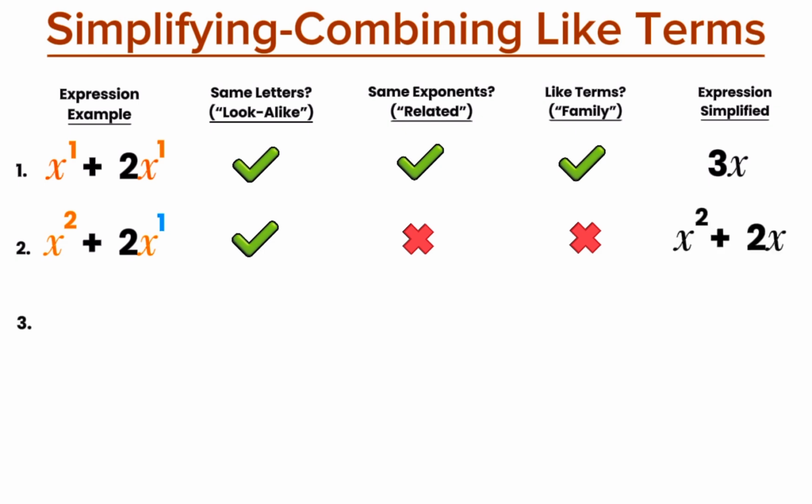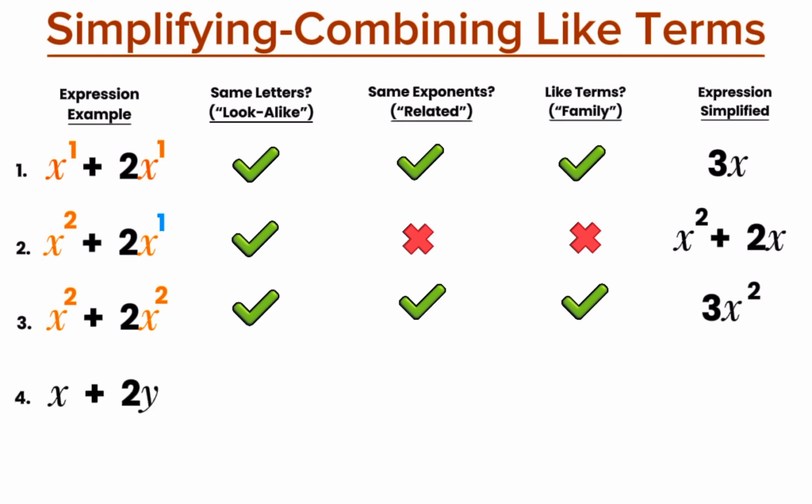Alright, now we're looking at x squared plus 2x squared. Both terms have the same letter and exponent. Therefore, these are like terms and can be added together to simplify. So x squared plus 2x squared becomes 3x squared.